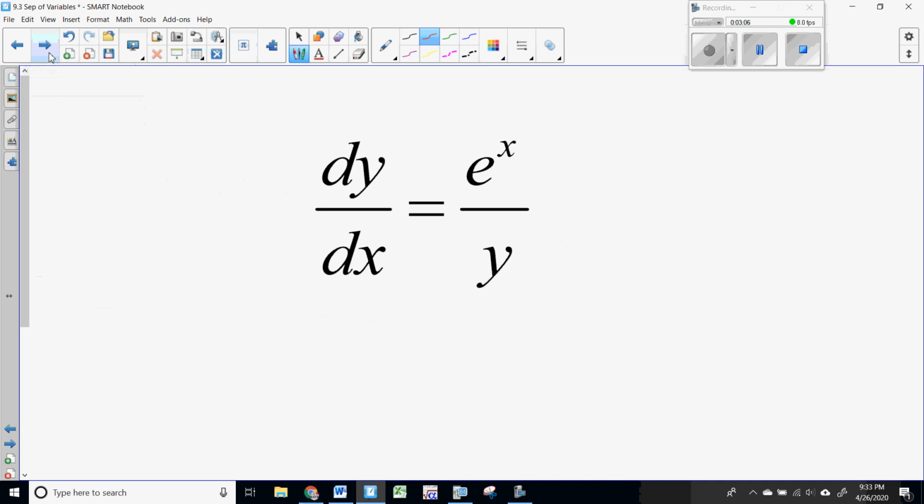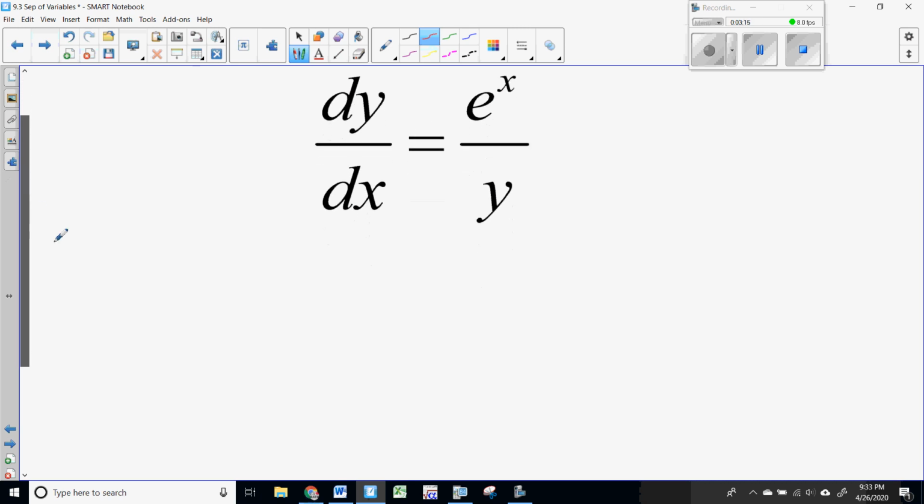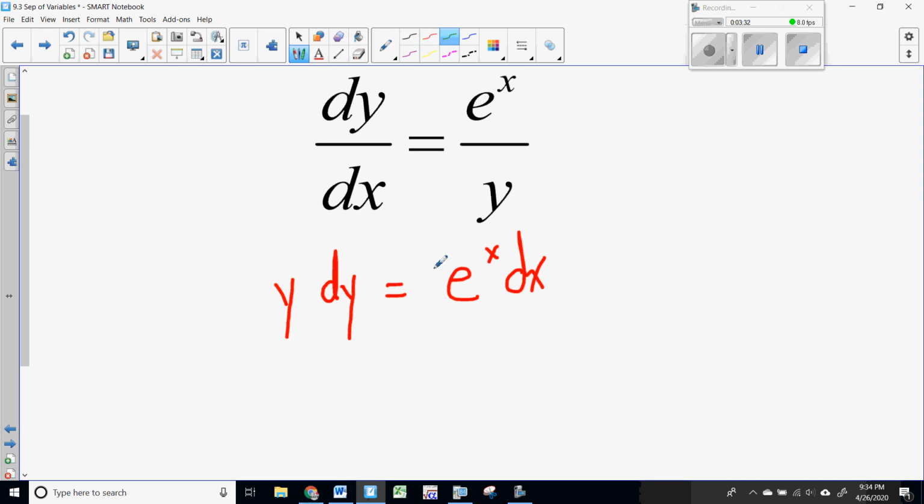Let's do a little harder one. dy/dx is e to the x divided by y. With our separation of variables, we want to get all of our y's on one side. So I'm going to multiply by y, so I get y dy over here. I'm going to multiply by dx, so I get e to the x dx.